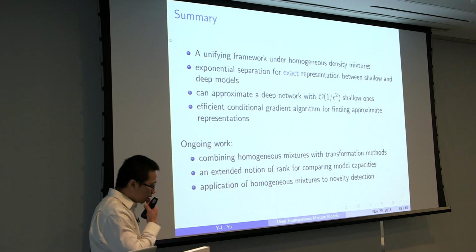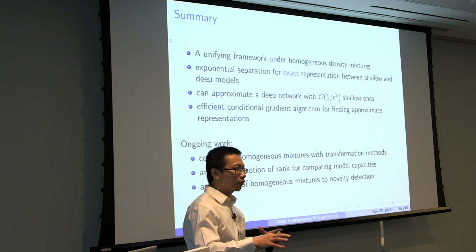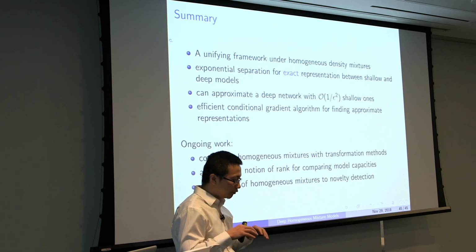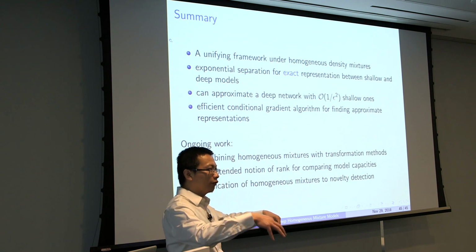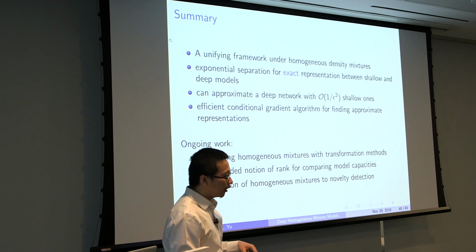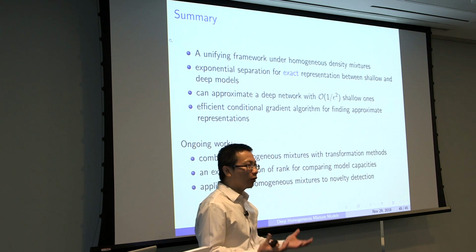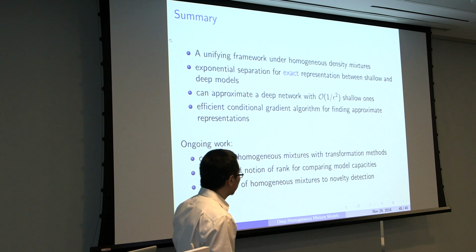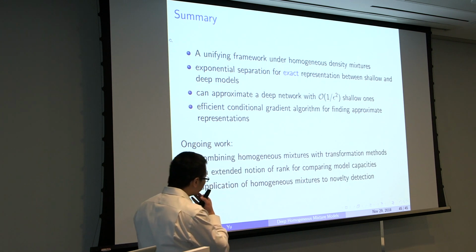We're also working on an extended notion of rank for comparing different networks. What we have proved now is that there's a gap between a very shallow one and a very deep one. But what if I take 2 networks, one is say 10 layers, the other is 12 layers? How do I compare the expressiveness of them? You can actually do this by generalizing the notion of rank.